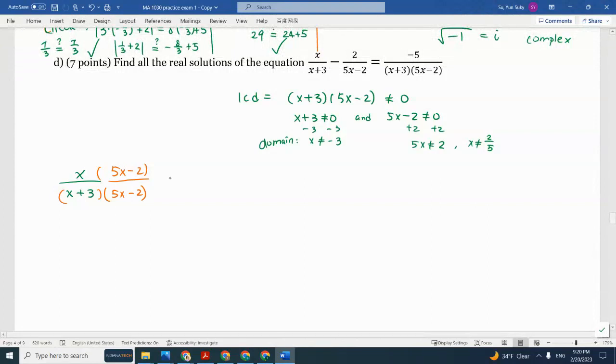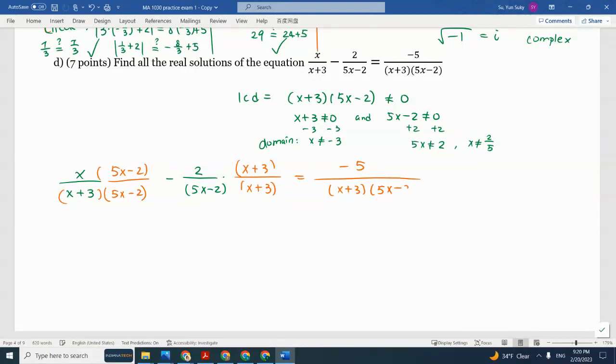The second one we need to multiply by x plus 3. The last one already has the least common denominator, so we don't need to change anything. Now multiply both sides by the least common denominator.